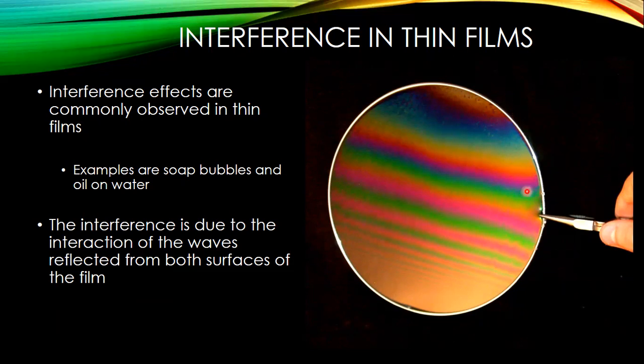Without going too much into the chemistry, detergents have a hydrophilic and a hydrophobic end. And the inside of the film is going to be water, which is in contact with the hydrophilic end of the detergent. So in any case, long story short, we get a very thin film. It is comparable to the wavelength of light.